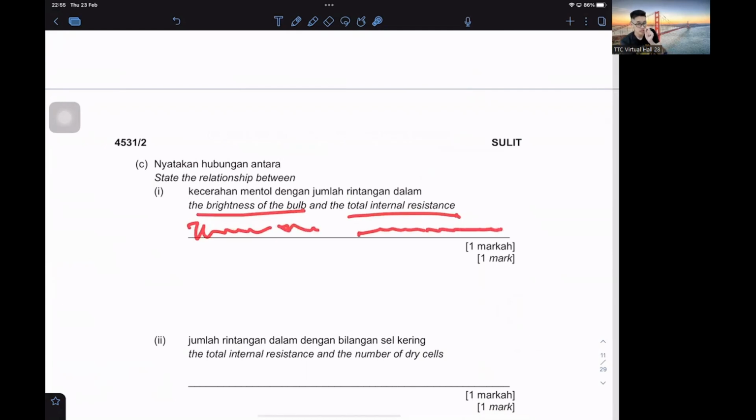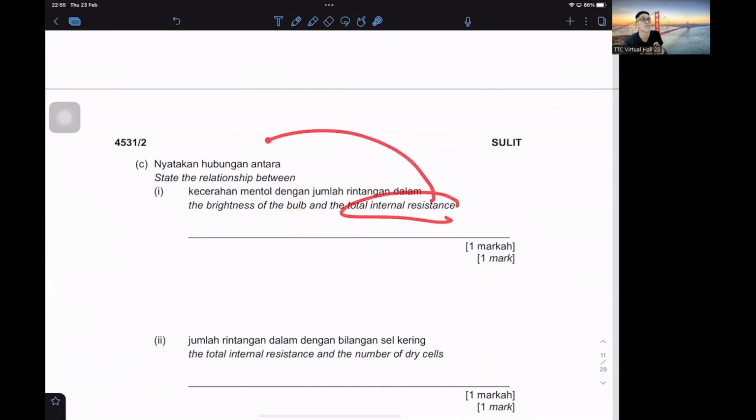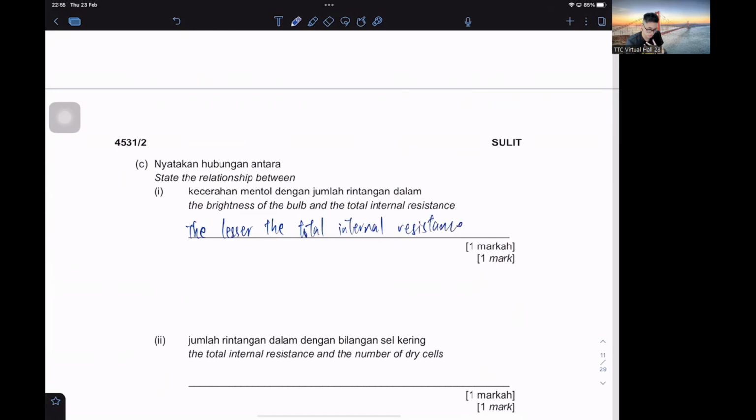No, it's the total internal resistance that affect the brightness. So you have to say the lower the total internal resistance, the brighter the bulb. Understand? You have to show them you know which thing affects which one. In this case, it's the resistance that affects the brightness.